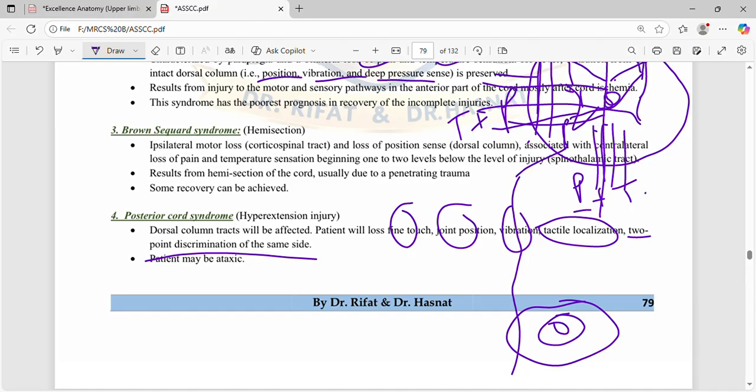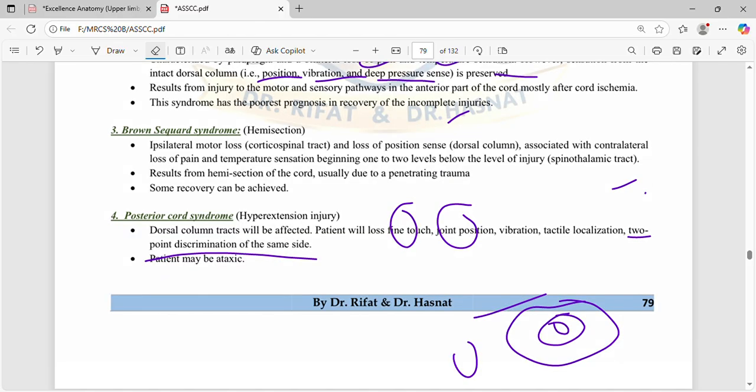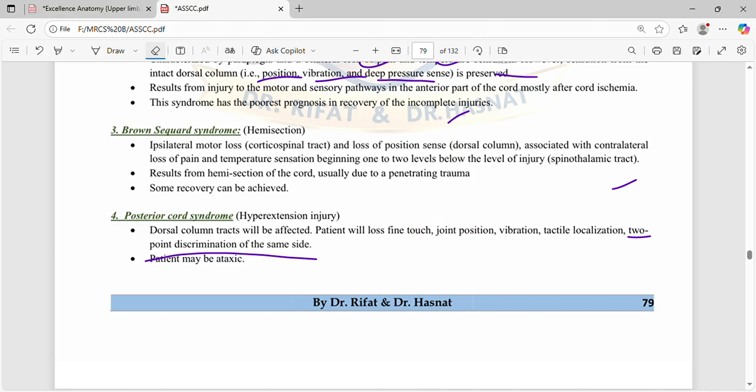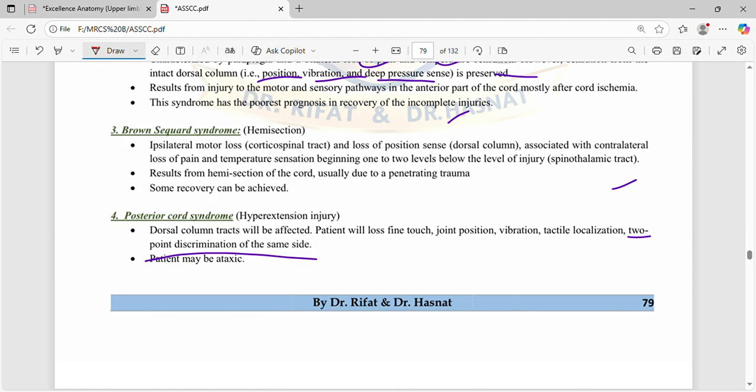Same goes for the dorsal column medial lemniscal pathway and the corticospinal tracts, the motor pathways. They come from above and decussate earlier.